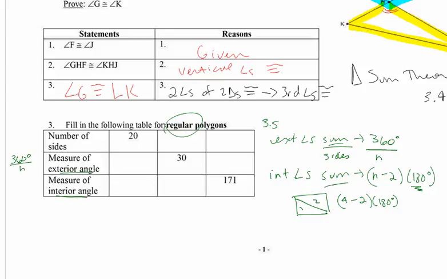And then here, take the sum and divide by the number of sides, n. So we've got n minus 2 times 180 divided by n. But there was one extra little piece of information that would really make our lives easier.